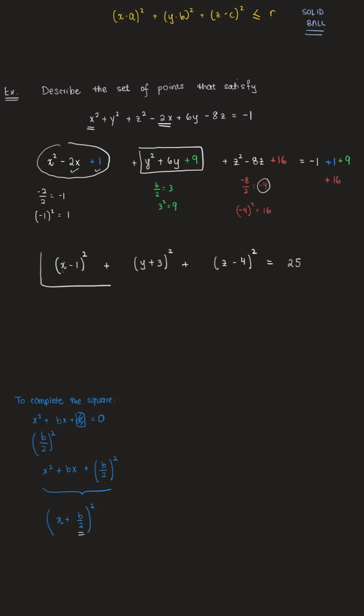Now, we have this written, this looks like a sphere for sure, and we can pick out the center and we can pick out the radius and describe what this sphere actually is.